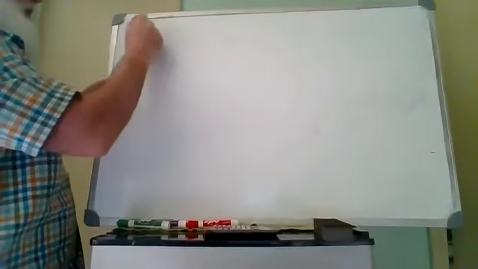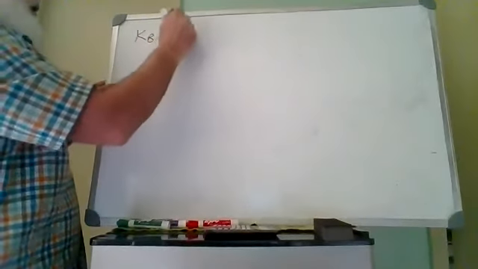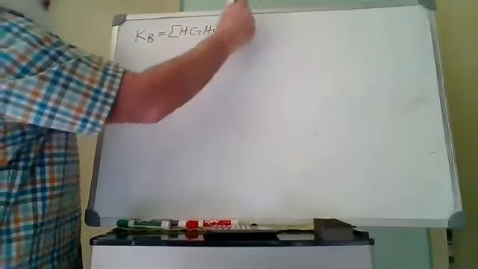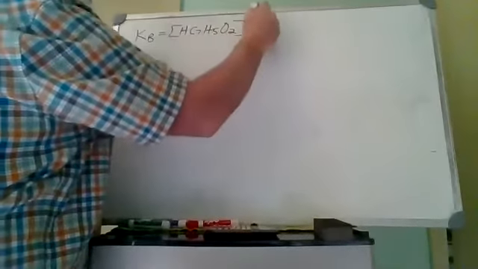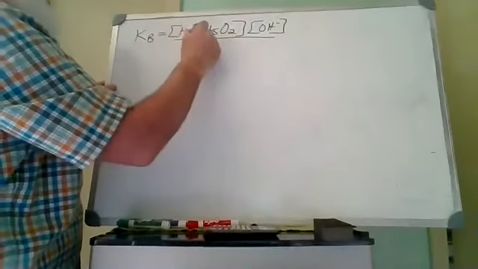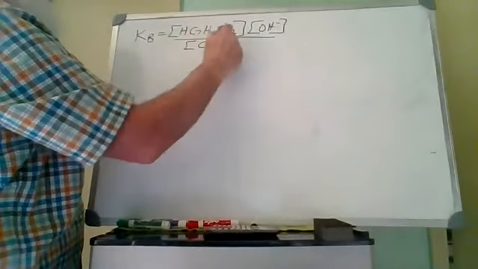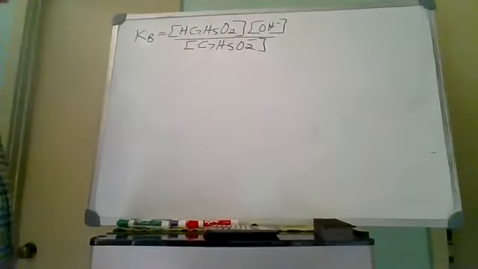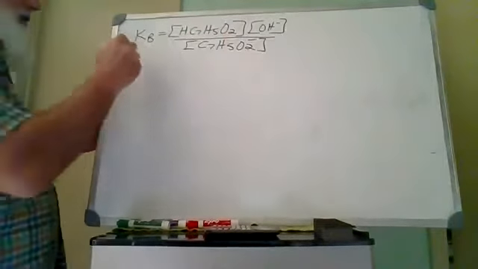Actually, I could have left it up and just used the other board. So let's set up an expression for Kb here. Kb is equal to HC7H5O2 times the hydroxide ion concentration divided by the concentration of benzoate anion. Okay, so I can plug in the values from my ice table.